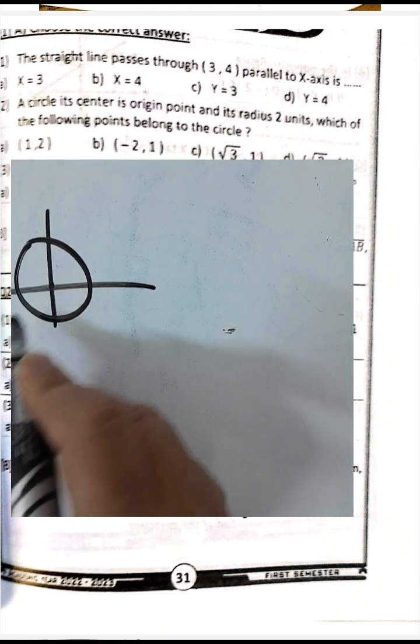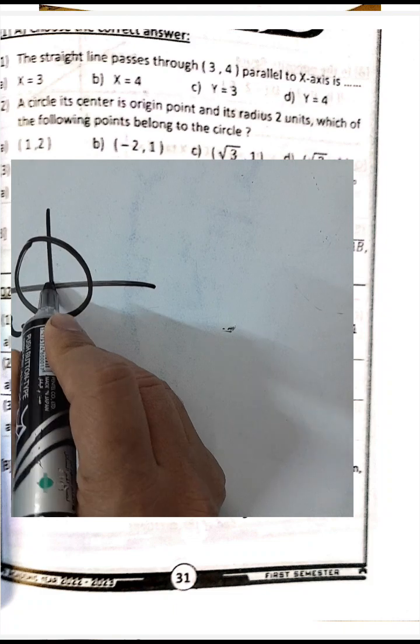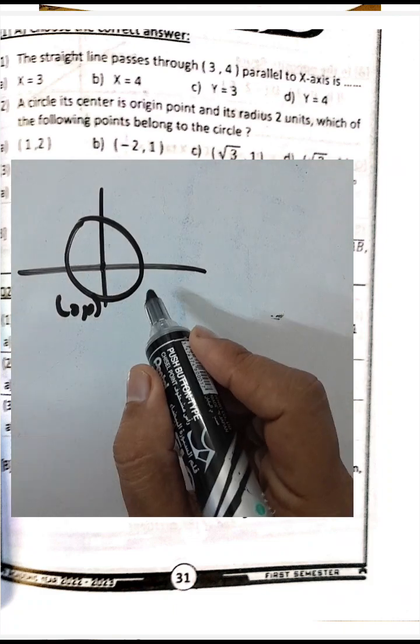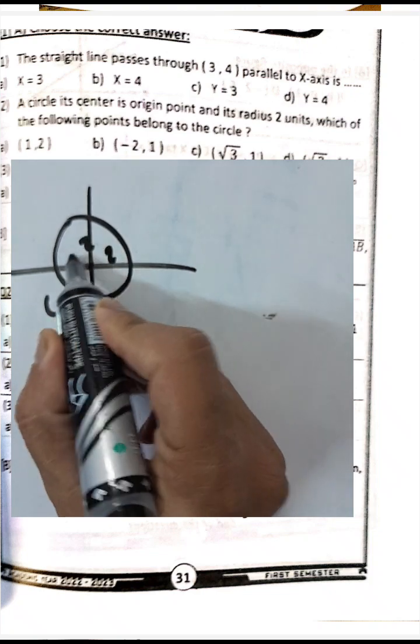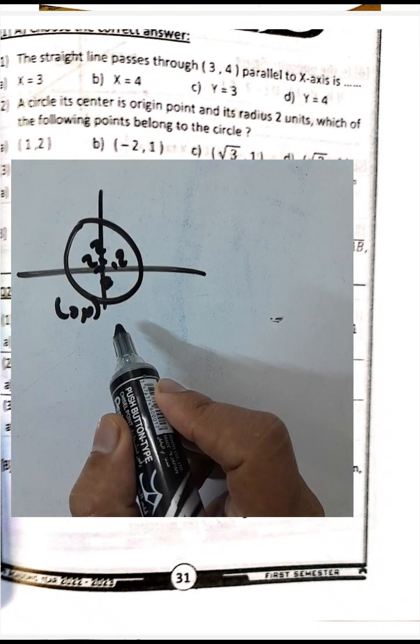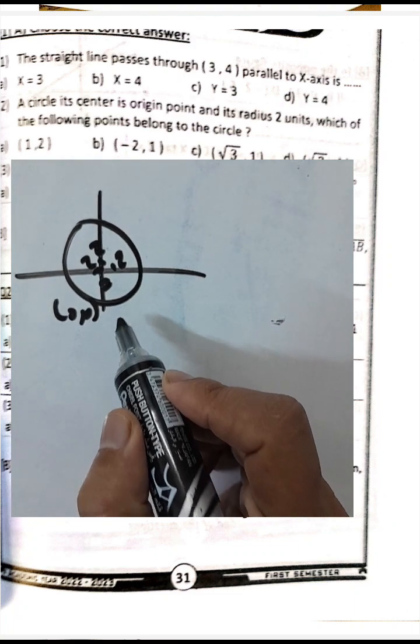Circle center is the origin point. We have a circle with center at the origin (0, 0), and the radius is 2 units. Which of the following points lies on the circle?